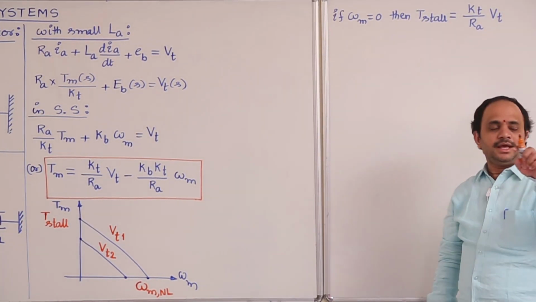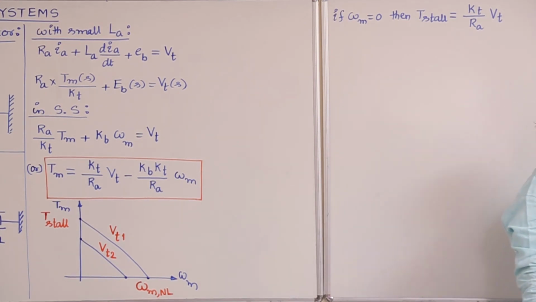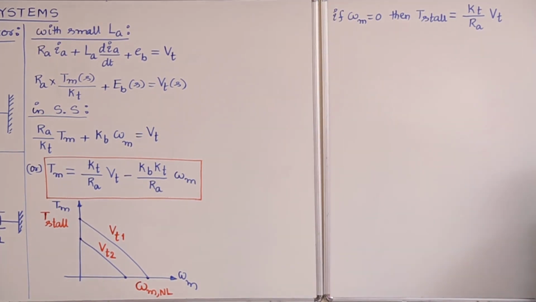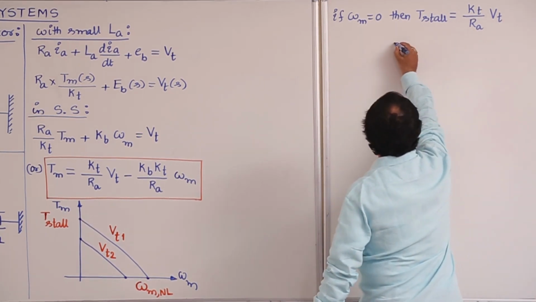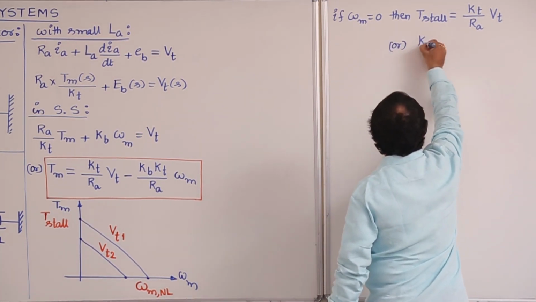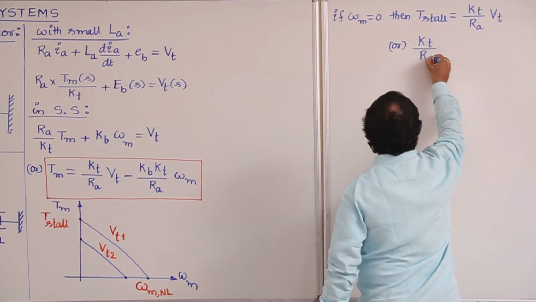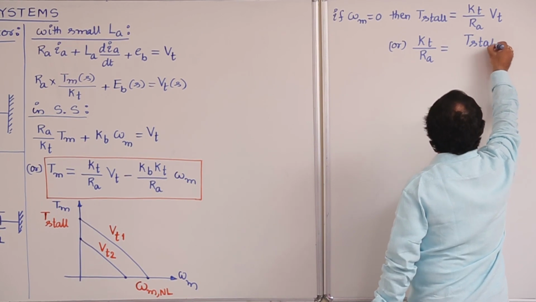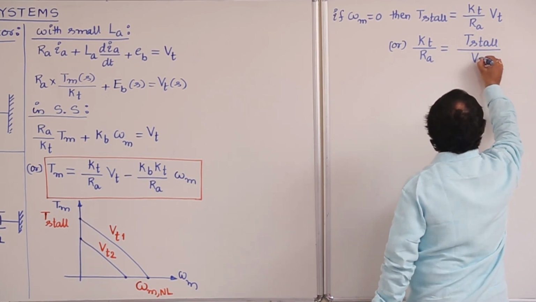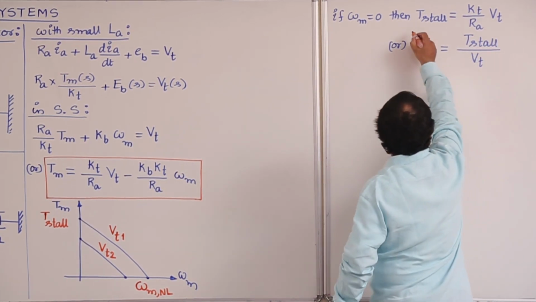Therefore, Kt by Ra can be written as stalling torque upon terminal voltage.